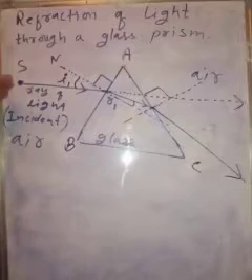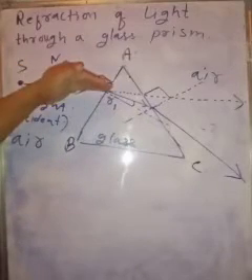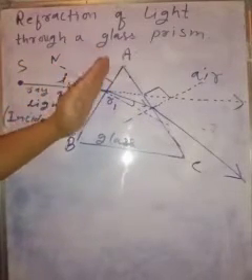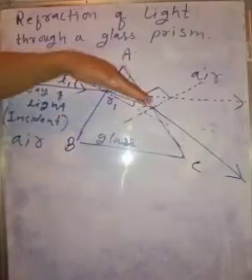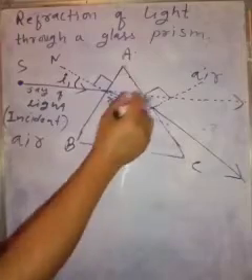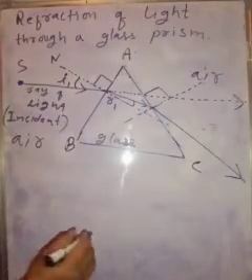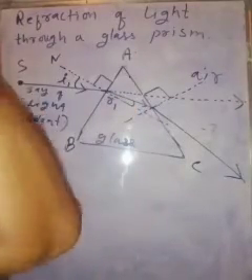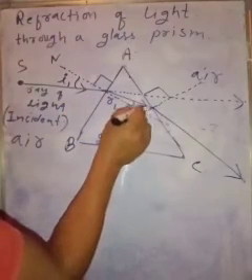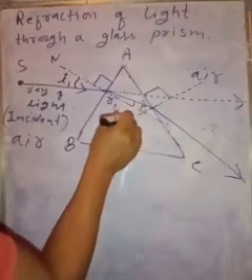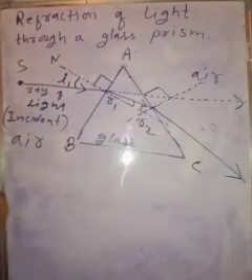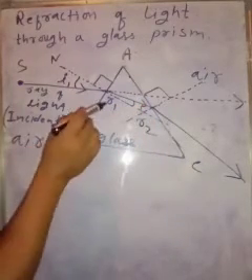Now this ray will bend two times: first at the first refracting surface, and again at the second refracting surface. Now the angle between the ray of light inside the glass and this normal, suppose this is R2. Clear? R1 and R2.